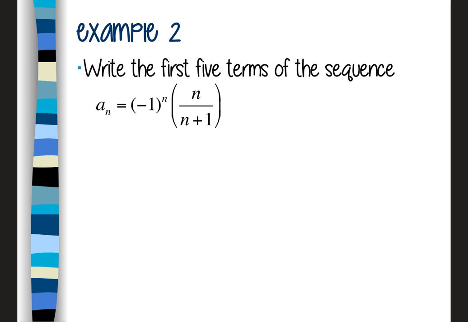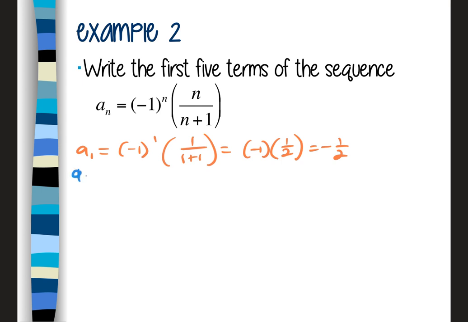So now it says the first 5 terms of the sequence. So I'm going to do A1 equals negative 1 to the first times 1 over 1 plus 1. And I get negative 1 times 1/2, which is negative 1/2. And then A2, negative 1 squared, 2 over 2 plus 1, which is 1 times 2/3 or 2/3.